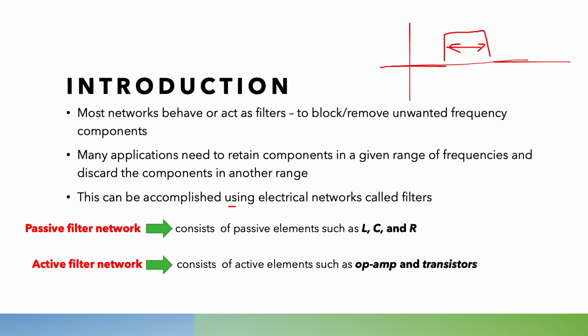This can be accomplished using electrical networks called filters. We have passive filter networks, made of inductors, capacitors, and resistors, and we also have active filter networks, for example with op-amps and transistors.